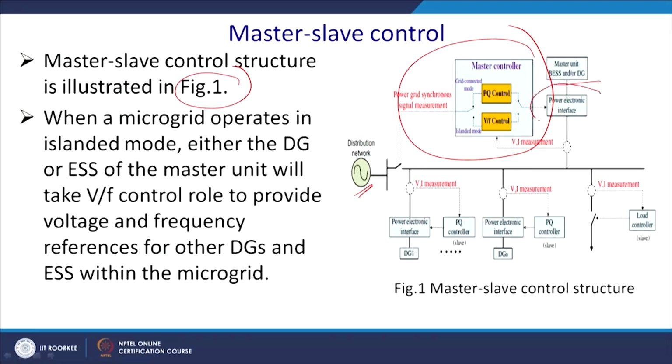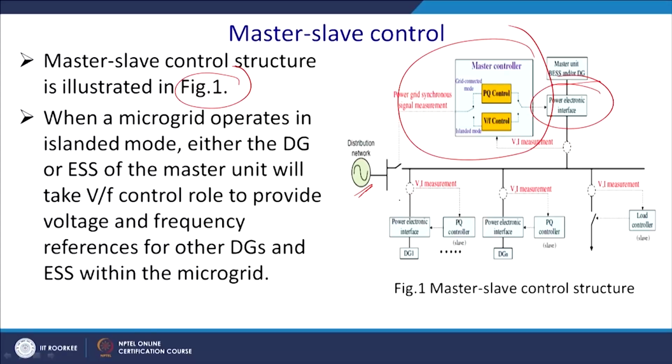Thereafter, you will have a power electronics interface, and from this power electronics interface, it will take inputs of the voltage and current, and accordingly it will take decisions. This is the main part, and these are the auxiliary control or the slave control.